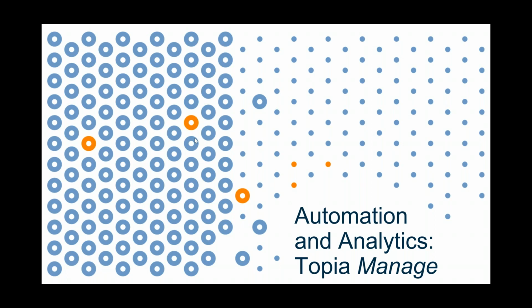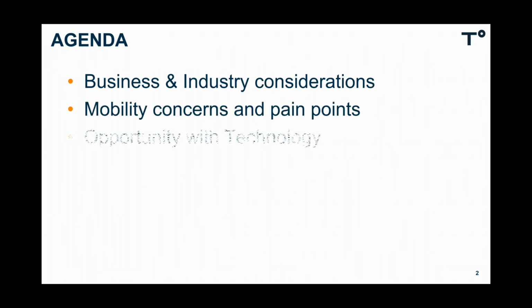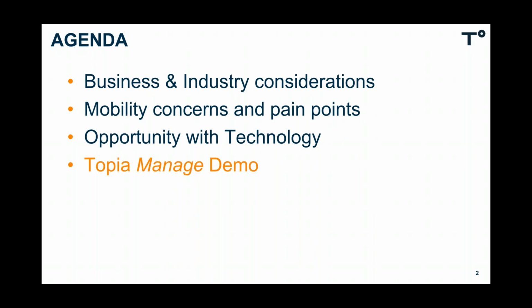Today, as Kevin mentioned, we're going to be talking about automation and analytics. So just to go over a few of the topics for today's webinar. We'll start off with a couple business and industry considerations, talk a little bit about the mobility concerns and some of the pain points, and then really focus in on the opportunities that technology can bring to help global mobility programs better support their business.